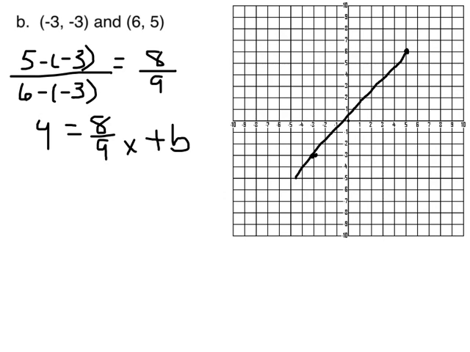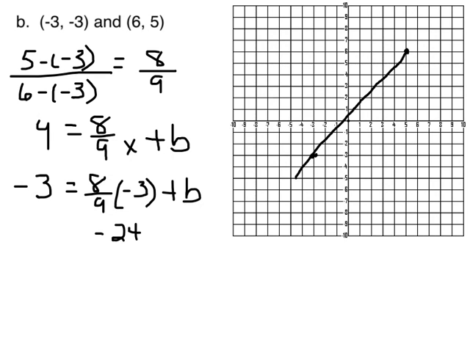Alright, either set of points, I think I'll use the negative 3 equals 8/9 times negative 3 plus b. And this would be negative 24/9. So I need to make negative 3 into something over 9. So that would be negative 27 over 9.